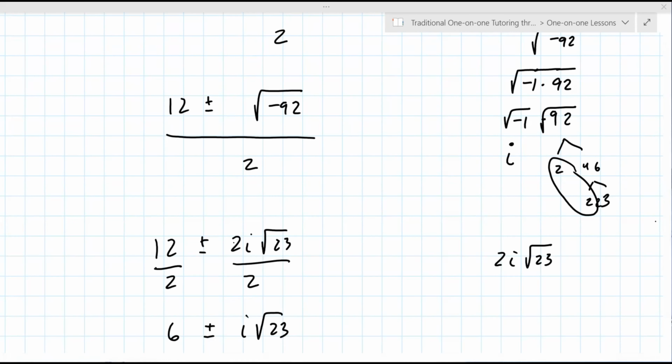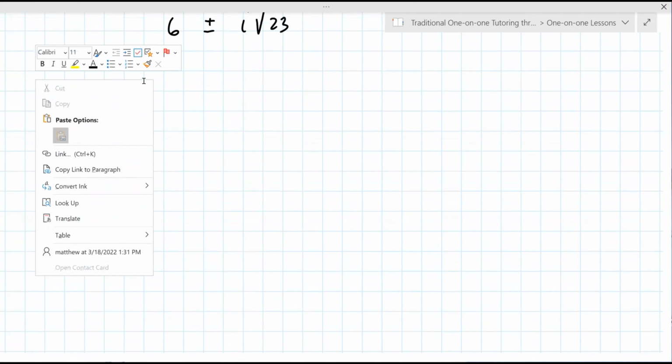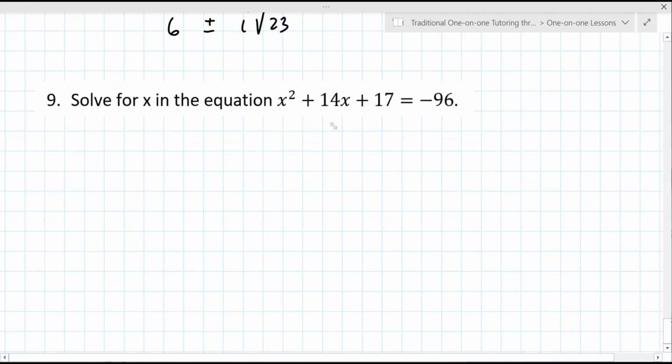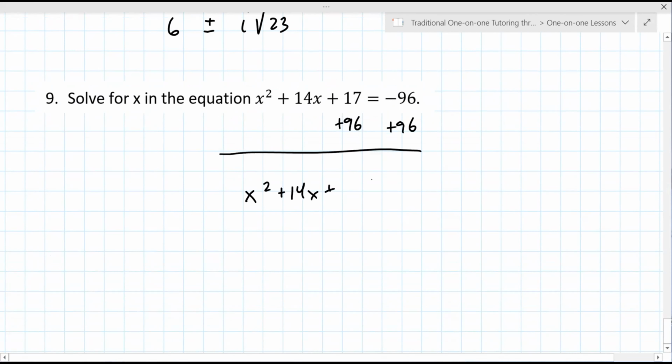Okay, so 9 is exactly the same, except it starts out slightly differently, but it's the same problem, meaning we're going to use the quadratic formula. You know, 17 is not a perfect square, so it's not a perfect square trinomial. Now, when you add 96 to the other side, you get x squared plus 14x plus 113.